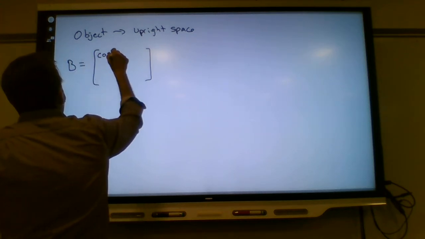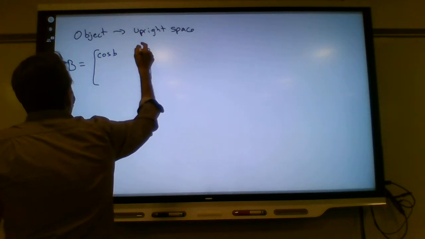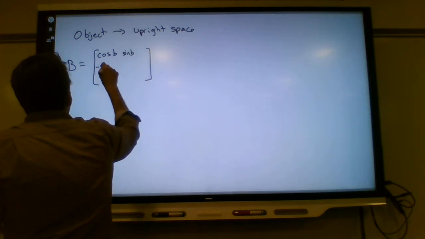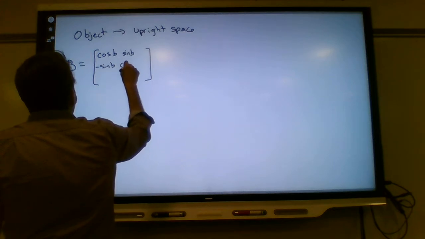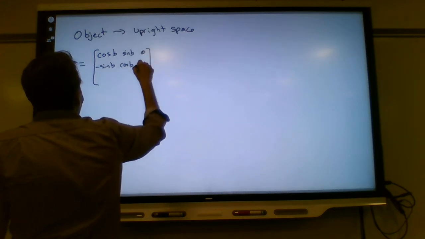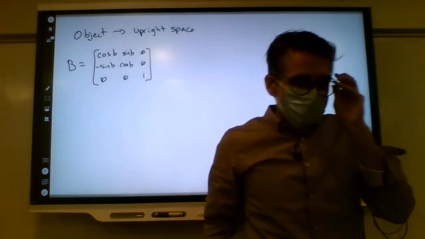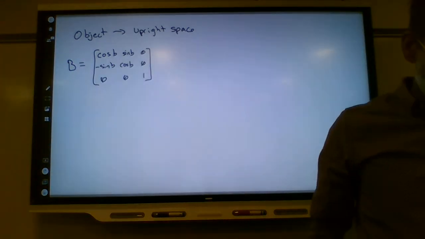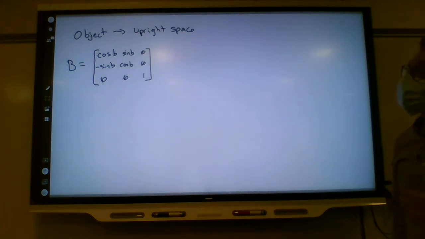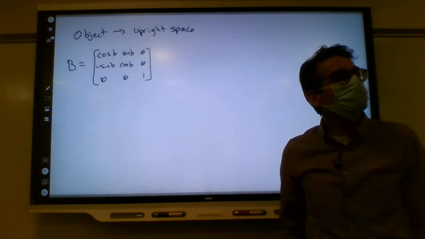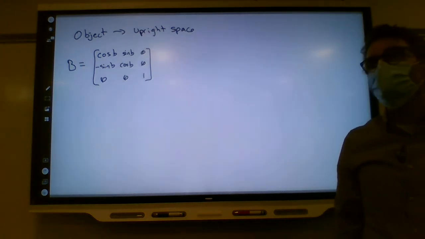If the angle that we want is B, our rotation for bank, this is coming back from the object, trying to put it back into upright space, right? So here's our matrix in that scenario.